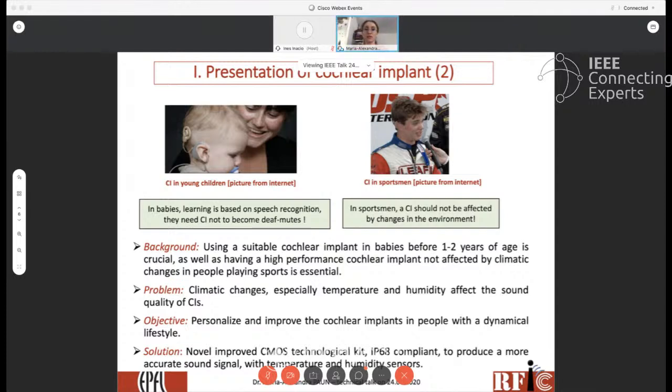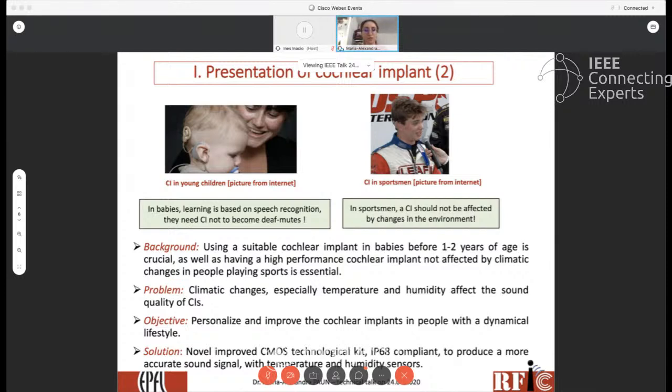Here you can see that they might be more affected by the changes in the climatic environment. So this will affect their ability to recreate the sound. People having a dynamic lifestyle may be exposed more to climatic changes. Therefore, the cochlear implant would be more affected in terms of the electrical signal having a lower quality, being more attenuated.